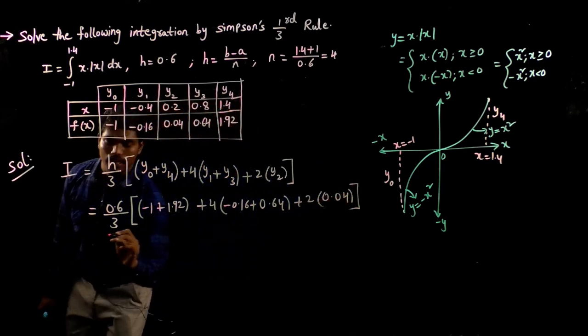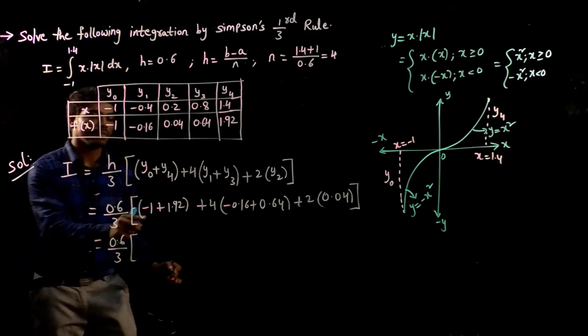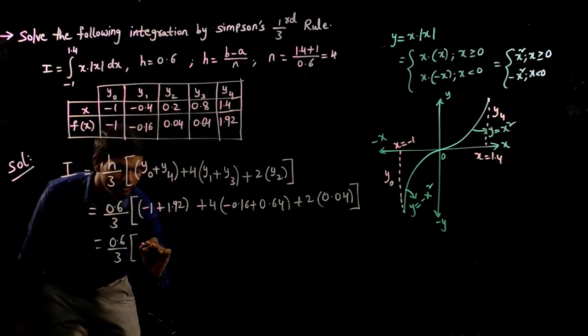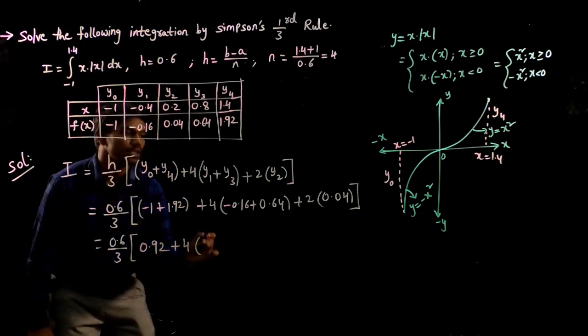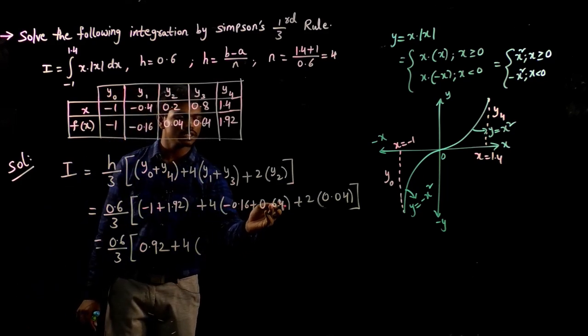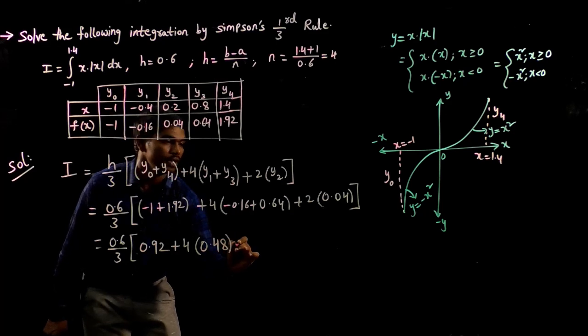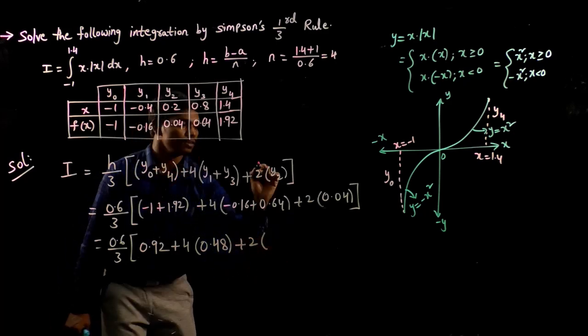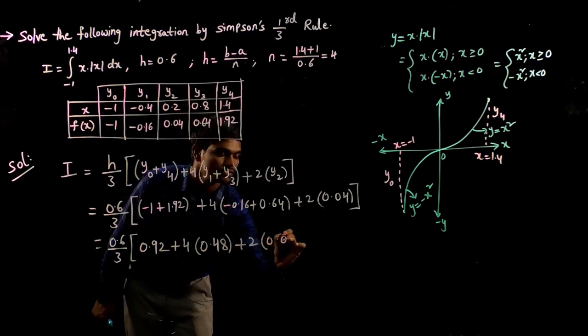So if we do this calculation, 0.6 by 3 into minus 1 plus 1.92 gives you 0.92, plus 4 times minus 0.16 plus 0.64 gives you 0.48, plus 2 into 0.04. Fine.